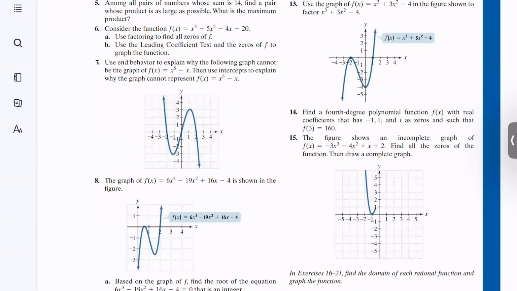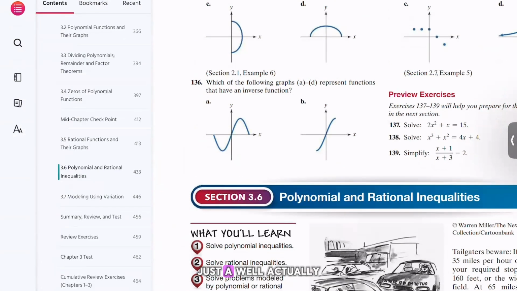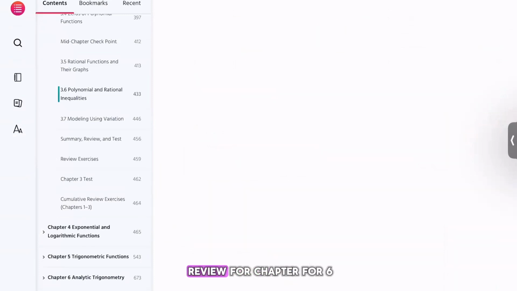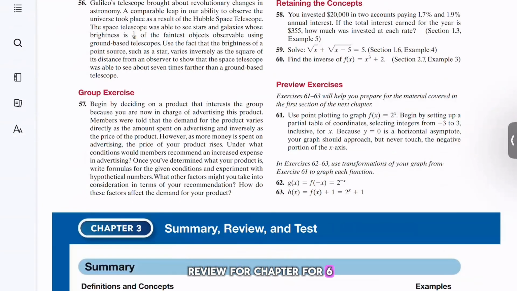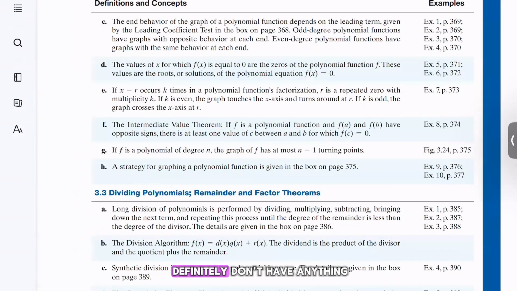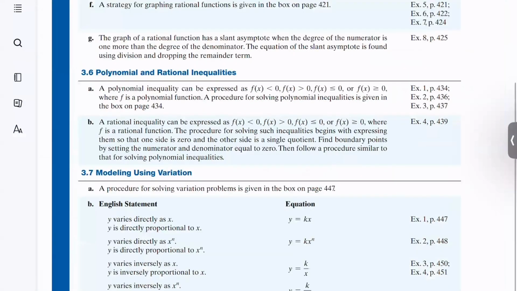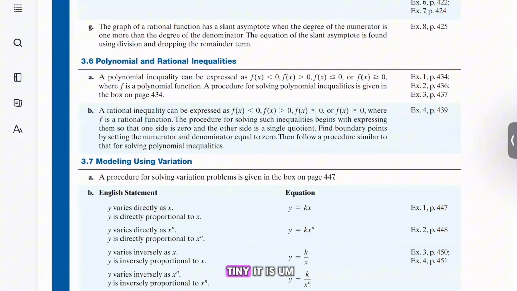All right, I am going to use the review for chapter 3.6, because I definitely don't have anything on the test from 3.6. You see how tiny it is. So polynomial inequalities, and how they're expressed.